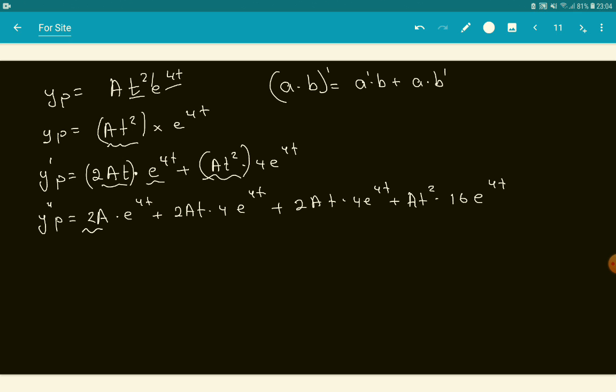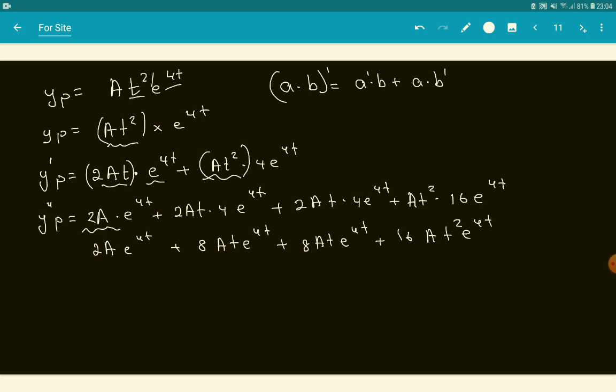Now we need to make it look a bit simpler. Let's write it again: 2a e^(4t) plus 8at e^(4t) plus 8at e^(4t) plus 16at squared e^(4t). Too long, right?